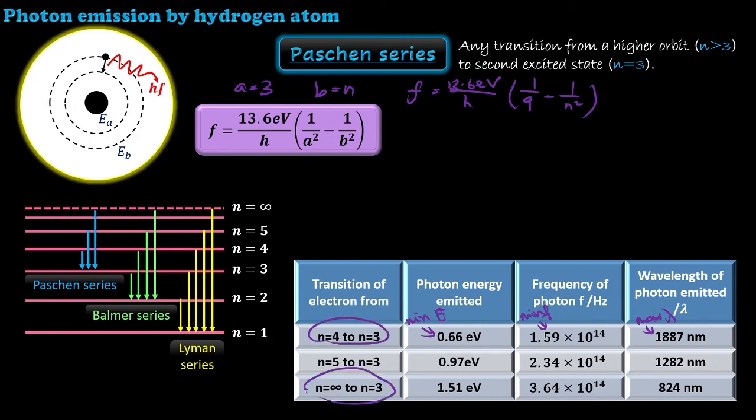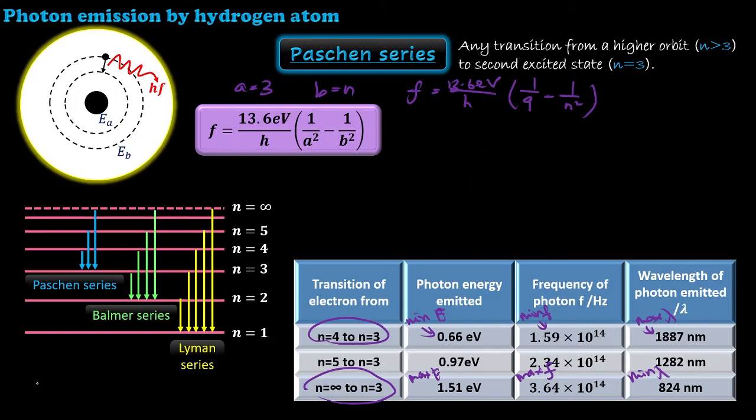If the transition is from infinity to the second excited state, it will produce the maximum photon energy, the maximum frequency, and the minimum lambda of the photon emissions.